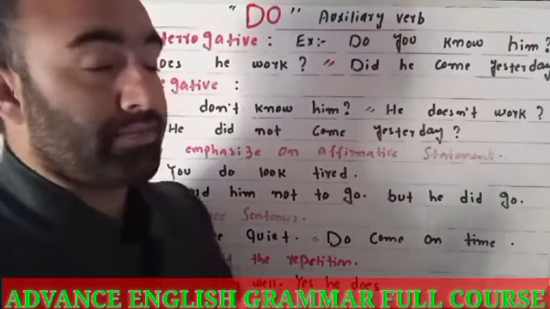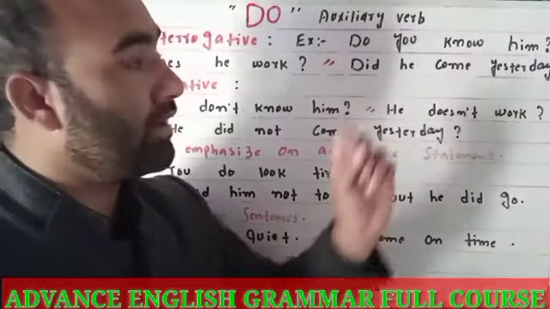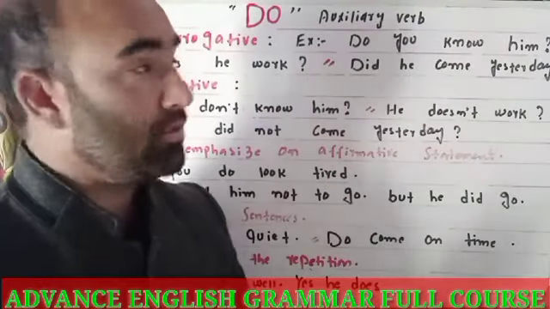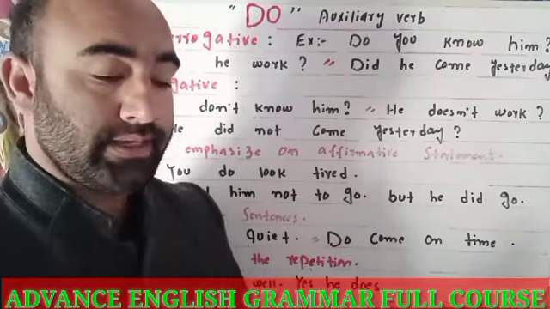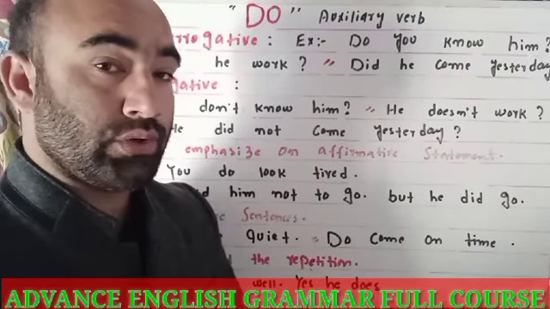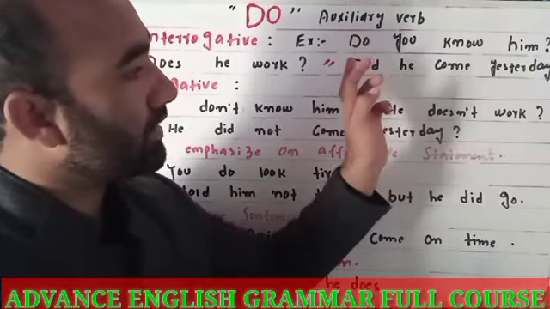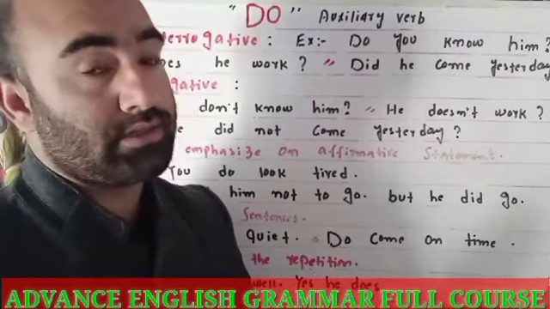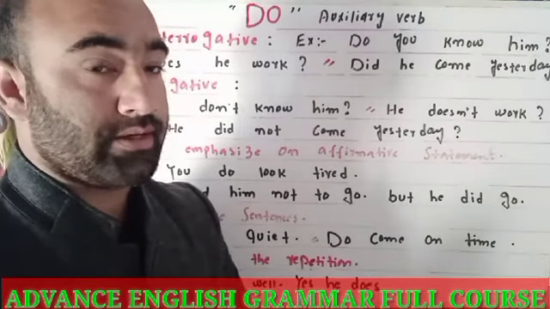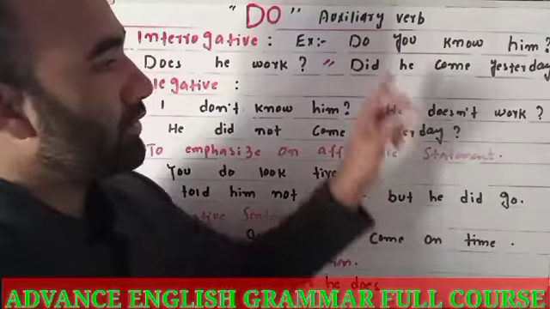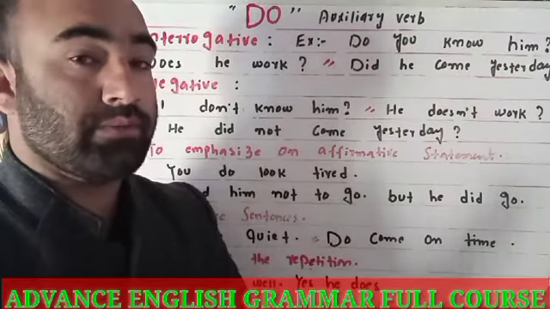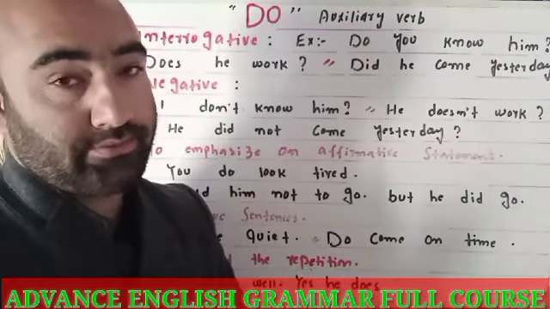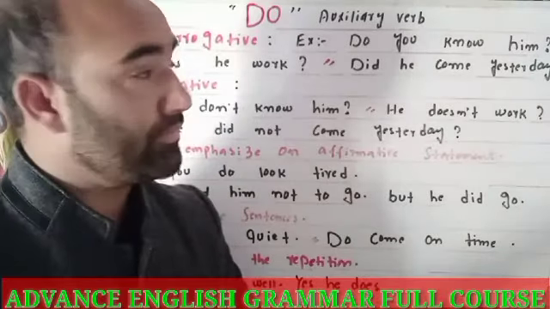This is the simple present tense. Do you know him? Most people just change their tone and say, you know him. This is not the correct way. The correct way is that you have to put the auxiliary verb before the subject whenever you are making questions.